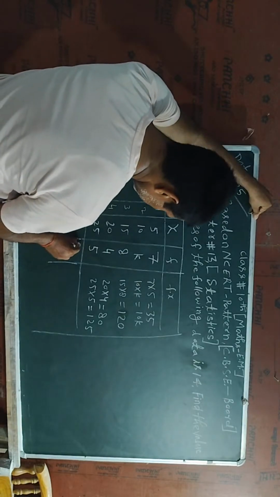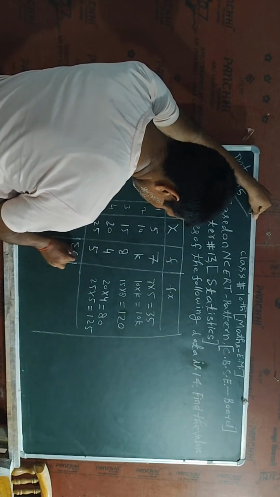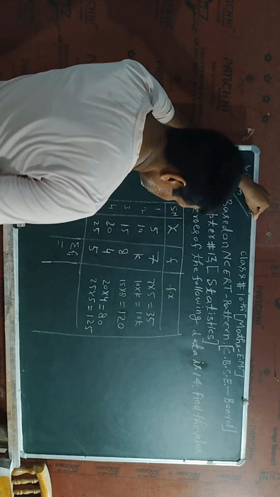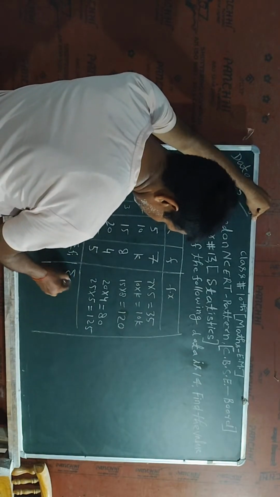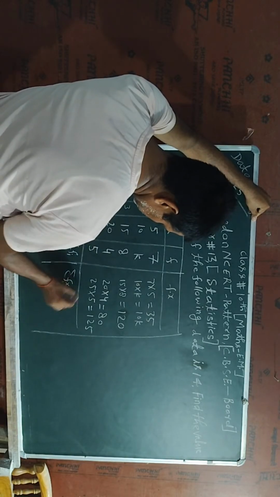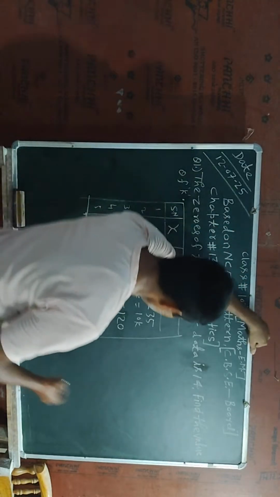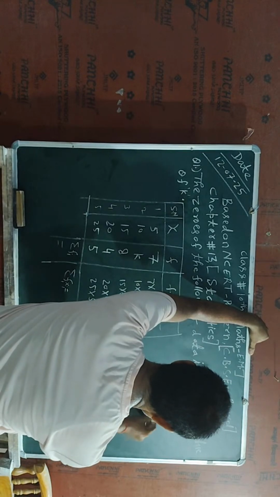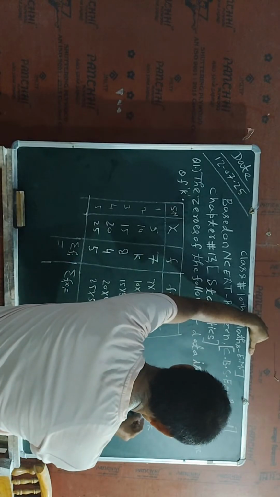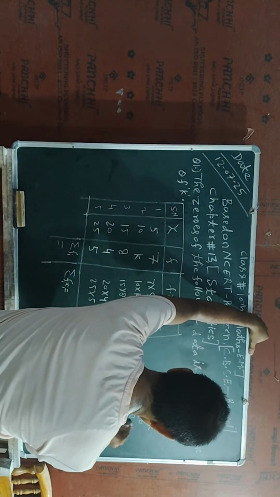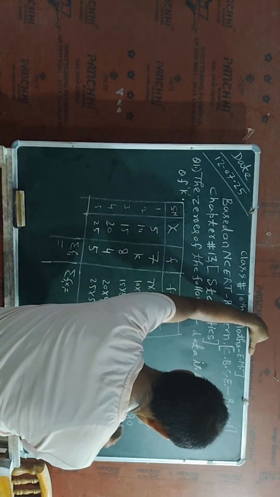Now here I will take the sum of fi, and after summation I will write its value, and here will be the sum of fi into xi. Its value I will write. First of all I am going to write here 35 plus 10k plus 120 plus 80 plus 125.